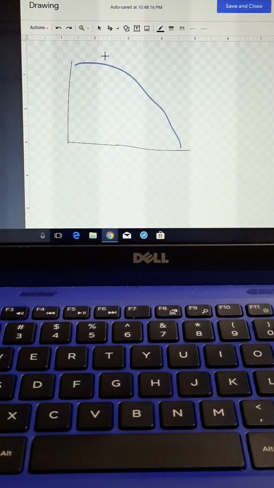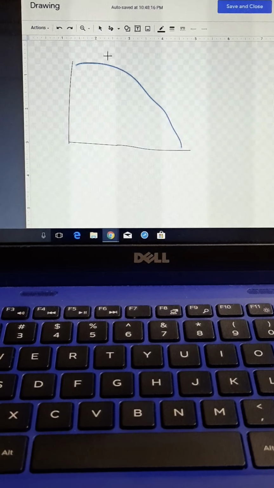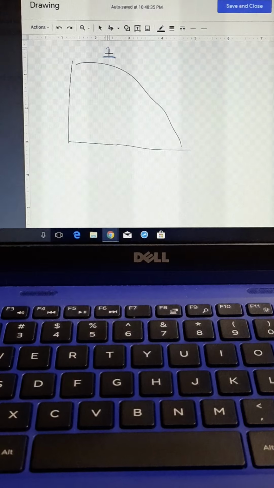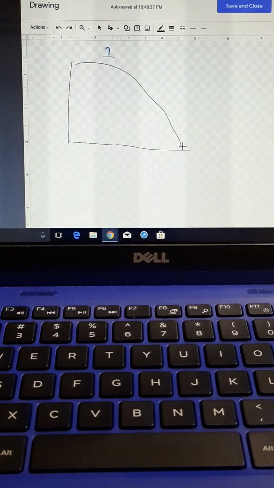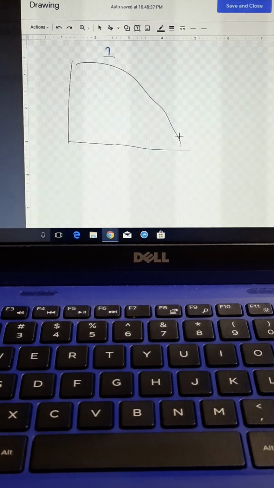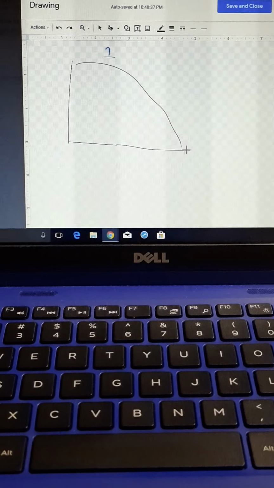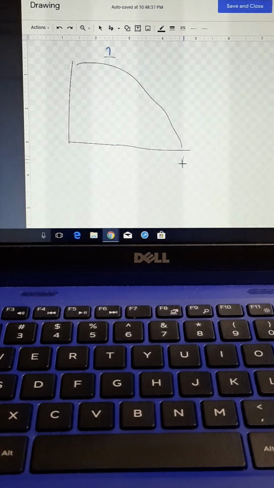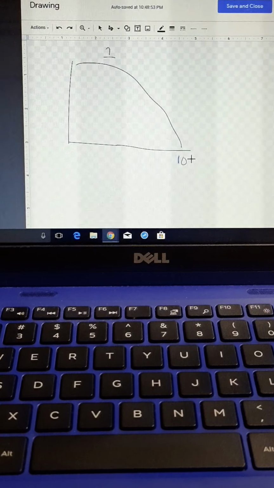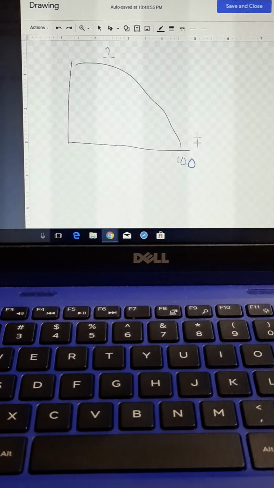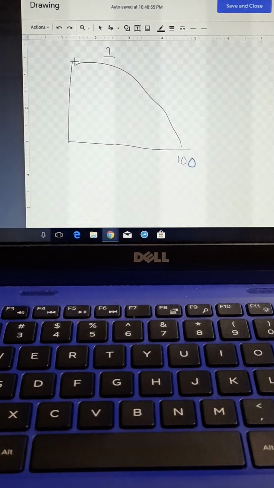So this is type 1, where the population's doing really good when it's young, but as it gets older, there's going to be a dip. There's less survivability when it's old down here. Let's say this is 100 years old. Less survivability down there than up to here.